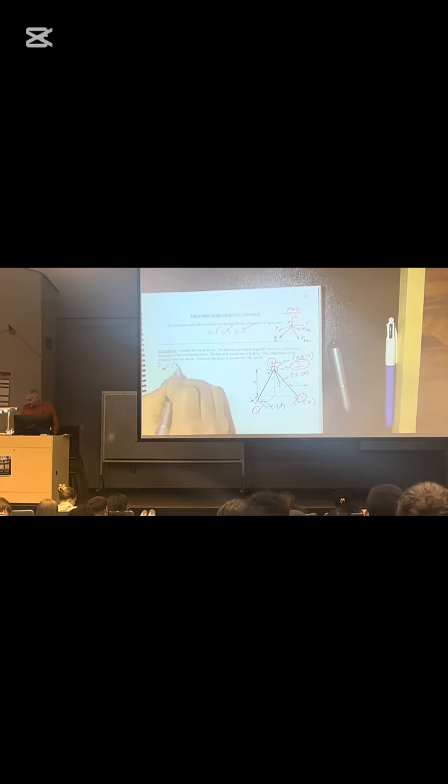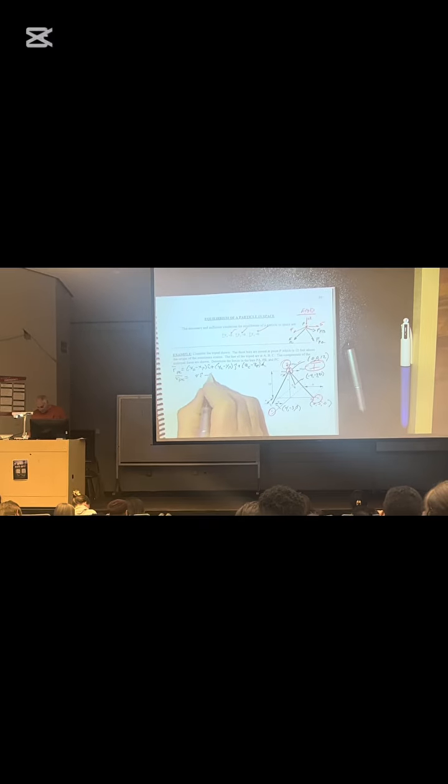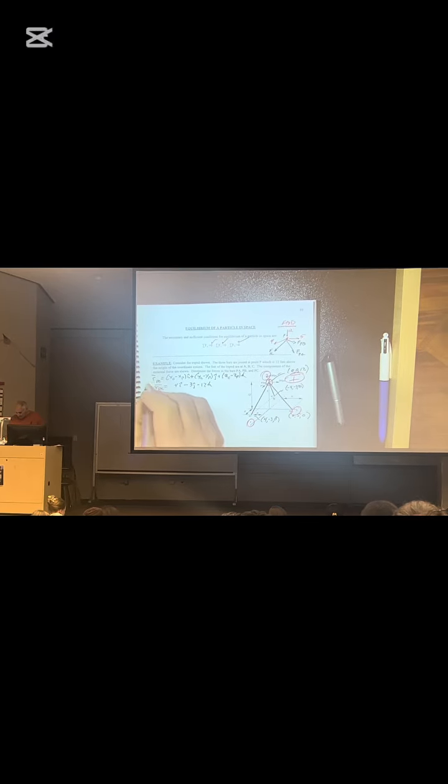R PC first: XC minus XP I plus YC minus YP J plus ZC minus ZP K. RPC vector is 4I minus 3J minus 12K. That's step 2. Step 3 says, hey, instantly calculate the magnitude of this, which is 13.